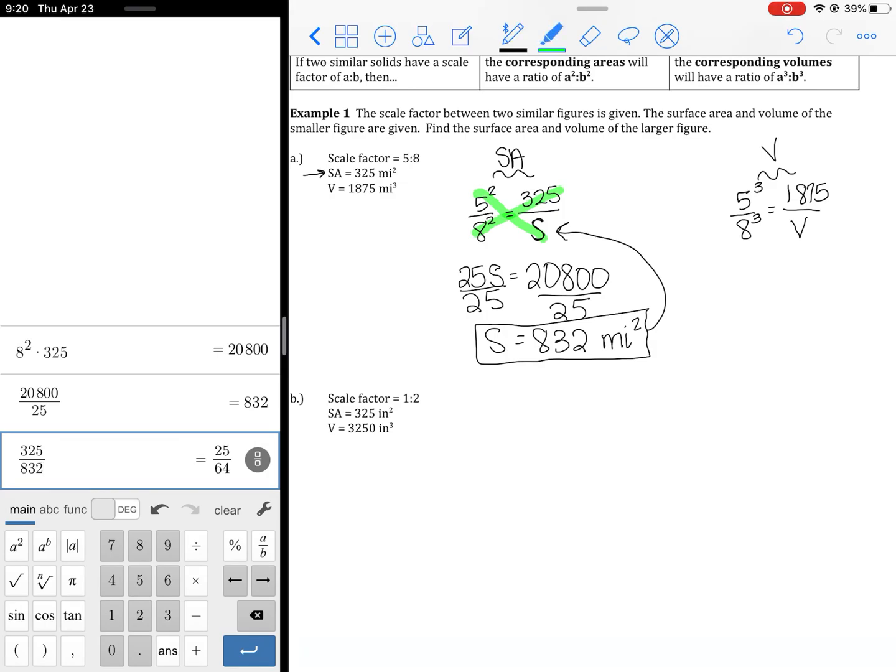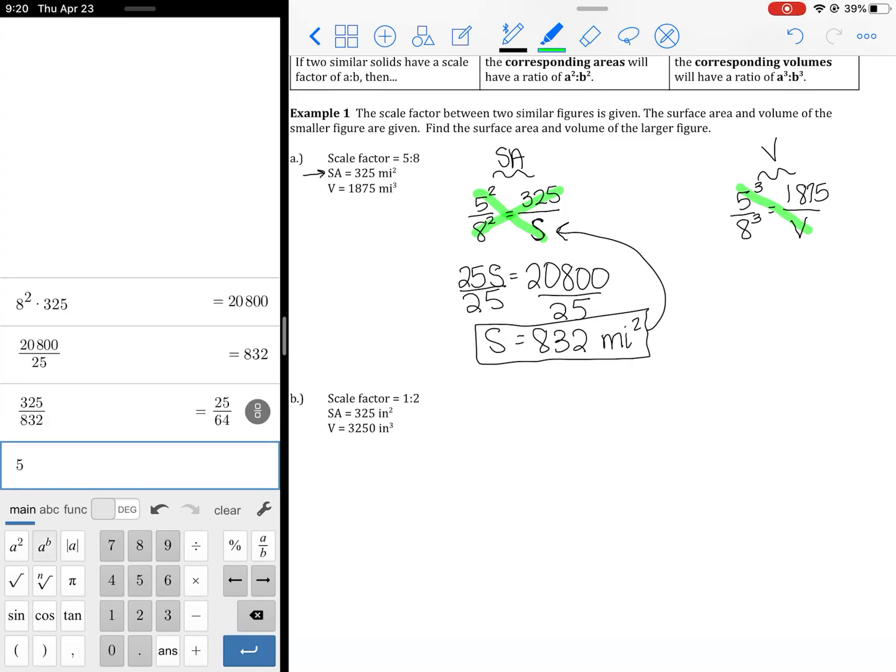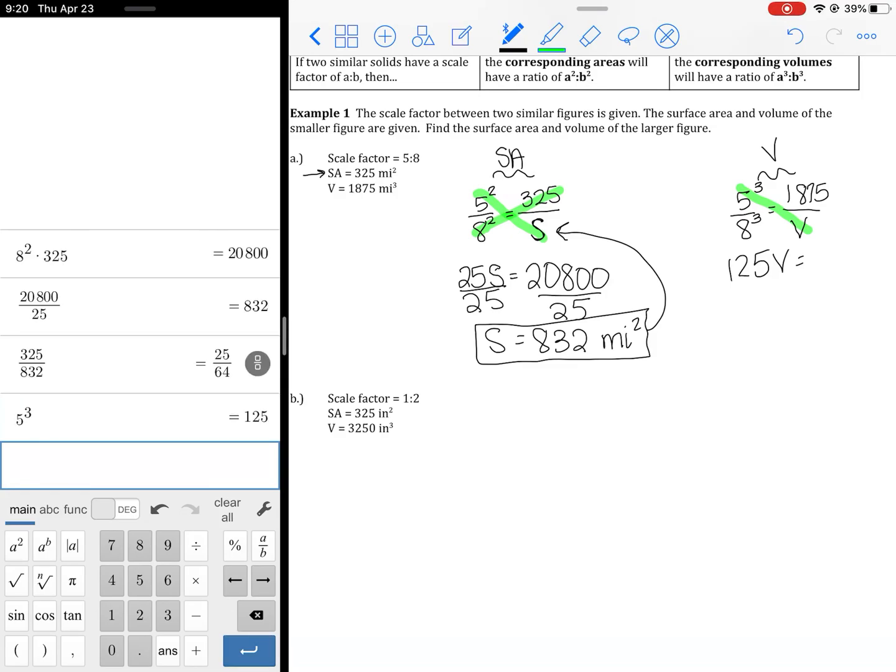To solve this, I'm going to cross multiply, so that's 5 cubed times v. 5 to the 3rd power is 125, so this is 125v. And then I'm going to cross multiply and do 8 to the 3rd power times 1,875, and that gives me 960,000.